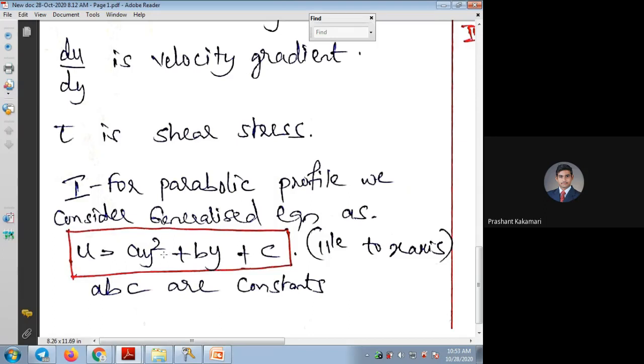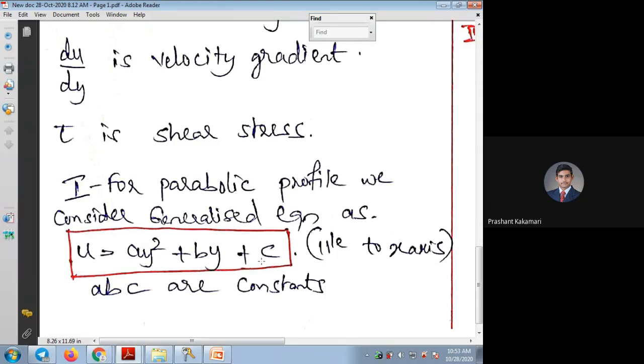How the velocity is going to change, the equation will be given. According to that, we need to find out the constants, and later we can find out the velocity gradient and the shear stress. So all of you can note down this generalized equation for the parabola: u equal to a y square plus b y plus c. If it is linear, I can take b y plus c.